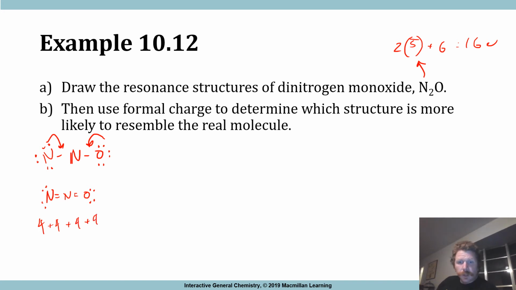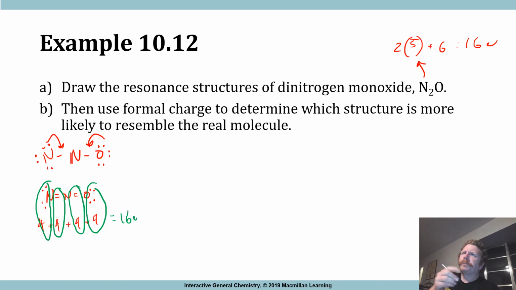My numbers are coming from this 4 for a lone pair, 2 shared pairs, 2 shared pairs, 2 lone pairs. That's 16 electrons.